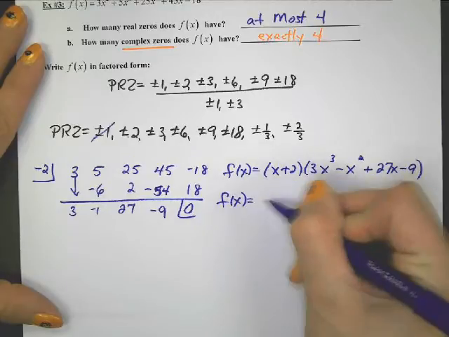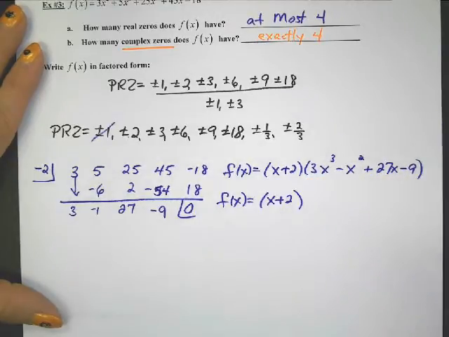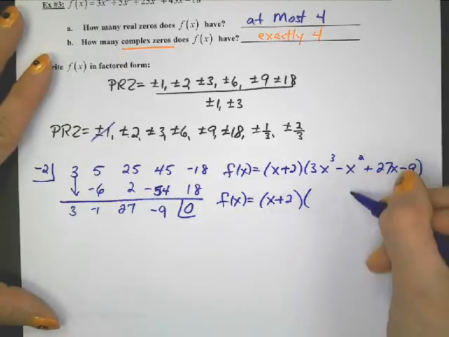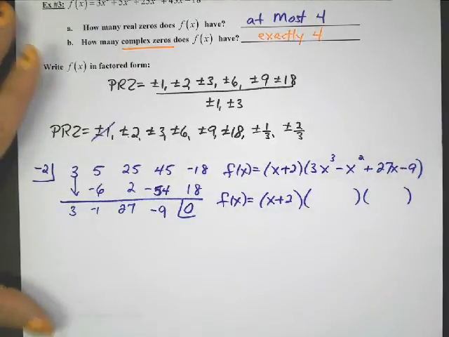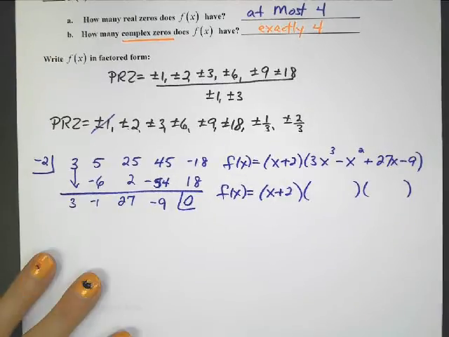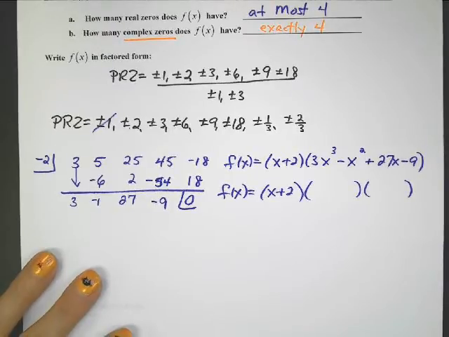So f of x equals x plus 2. And if you have to do some factor by grouping, then go ahead and find out those two factors for me. You might have to do some work, factor by grouping, use your brackets.